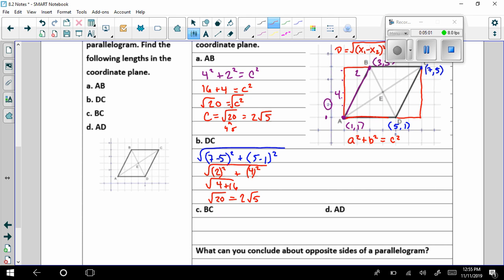Anything that's on a straight line, you can just simply count. So this is 1, 2, 3, 4. So the length of AD is 4 units. Same with BC, 1, 2, 3, 4, is 4 units. The other way to do that is subtract if you don't want to sit there and count all of them. So just subtract your distance horizontally.